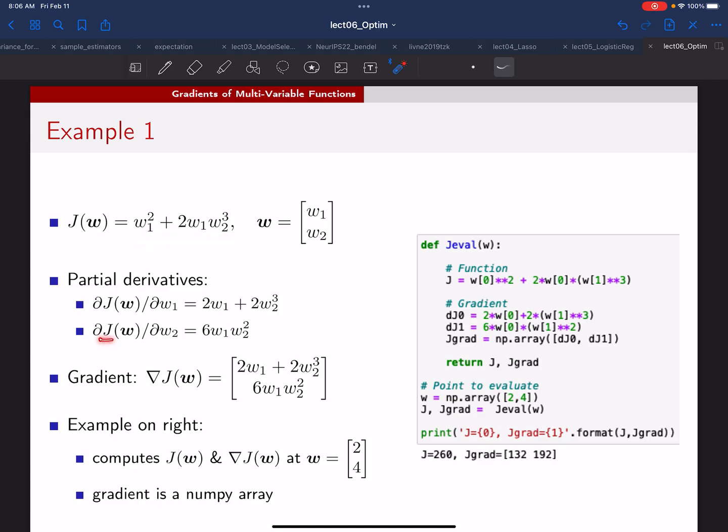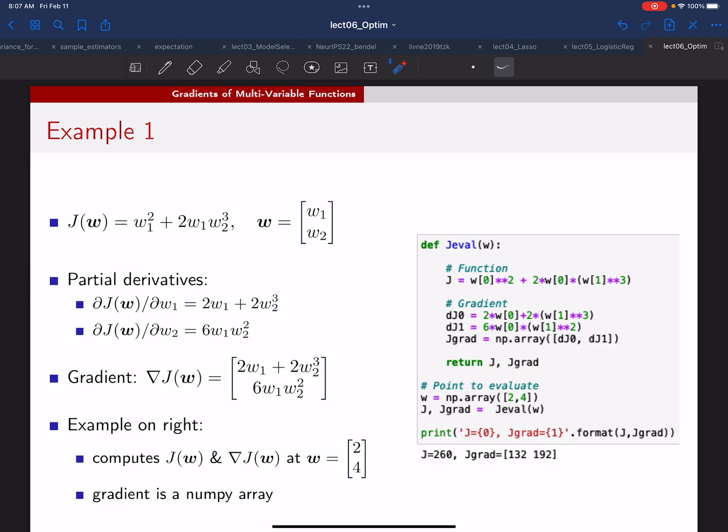Then we take the partial derivative with respect to W2. The first term goes away, and we get 6 times W1 times W2 squared. Now that we know those partial derivatives, we just stack them into the same shape as W, and that is the gradient. It's very easy to code this. In Python, we make a little function that evaluates the gradient, and it's actually going to return both the cost and the gradient.